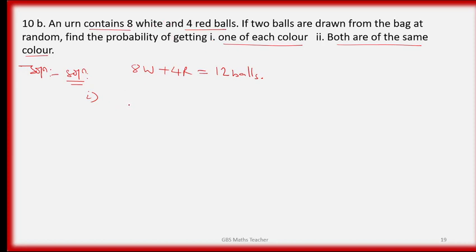So the required probability is 8C1 times 4C1 over 12C2. The meaning: one color white has to come, one red has to come, so 2 selections in total. You do 8C1 times 4C1 by 12C2. I think you obtain the answer 16 by 33.